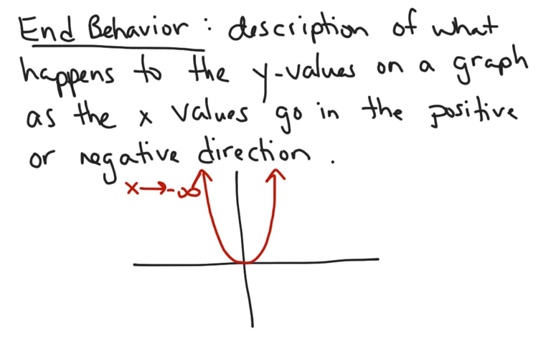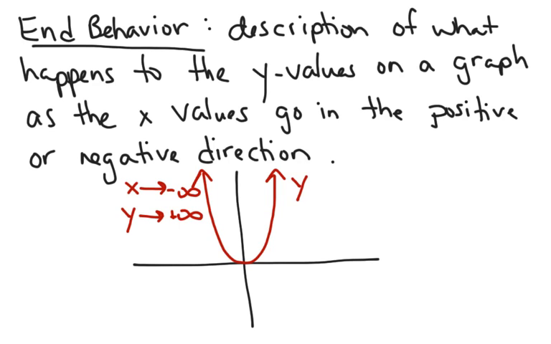Well, if the x values are getting more and more negative on the left side of the graph, on this particular parabola, I want you to notice that the y values are going up. And up is the positive y direction. So we say the end behavior is, as x approaches negative infinity, y approaches positive infinity.